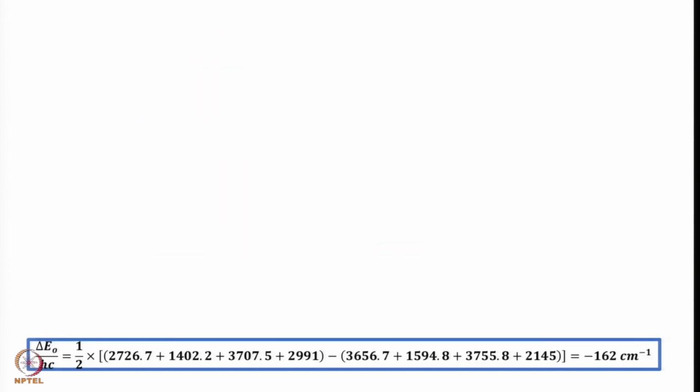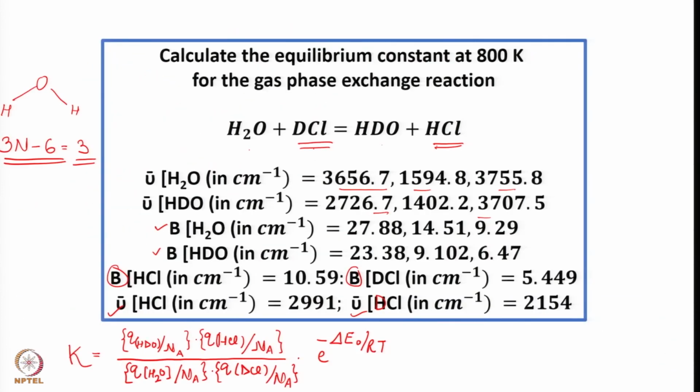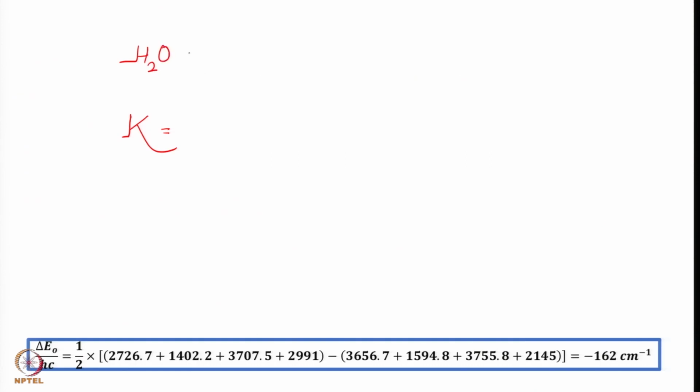Now, what we had, the expression was, let us note down the equation, then it will be easier for us. The equation is H2O plus DCl in equilibrium with HDO plus HCl.